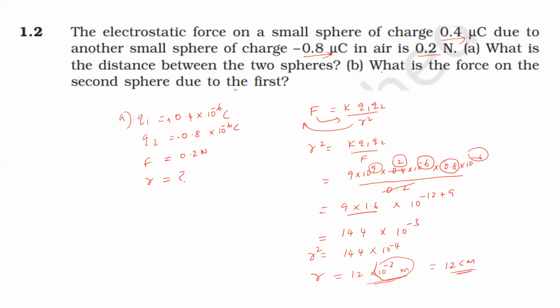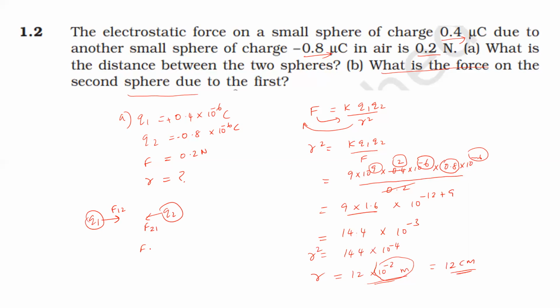Next they are asking, what is the force on the second sphere due to the first sphere? If you take this as the first sphere and this as the second sphere, the second sphere exerts force on the first sphere, which we consider F12, that is action. For every action there is an equal and opposite reaction. So the first sphere will exert force on the second sphere, equal and opposite.